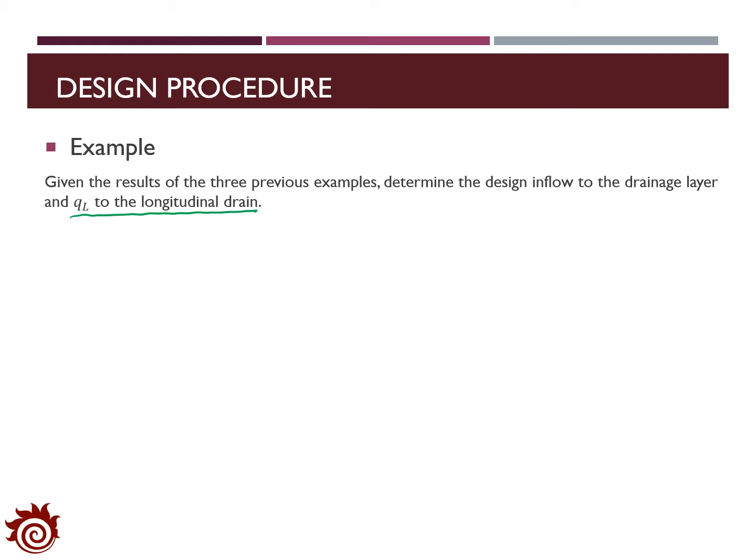From the previous example, we can find that the infiltration rate is 0.46 feet cube per day per feet square. For the groundwater seepage, we have Qg equal to 0.057 feet cube per day per feet square.